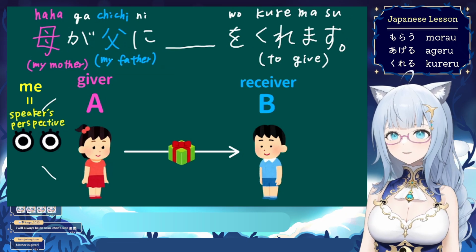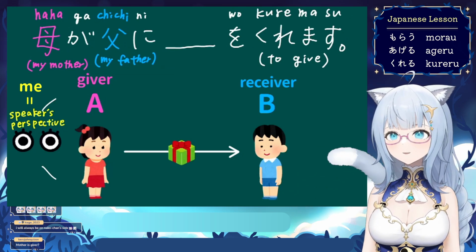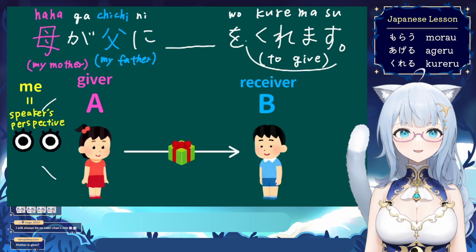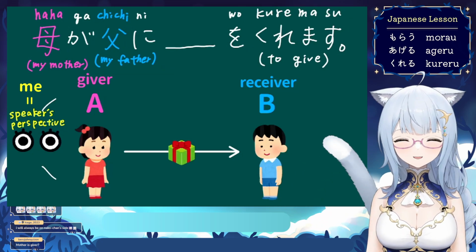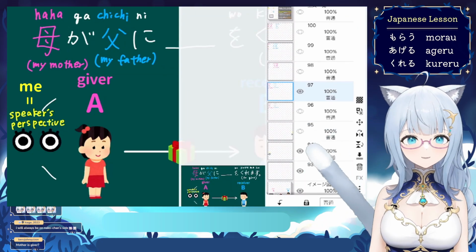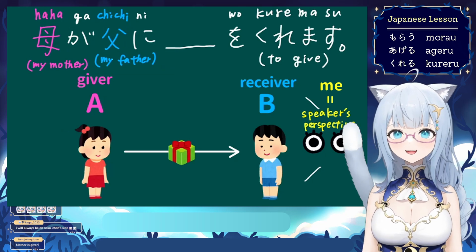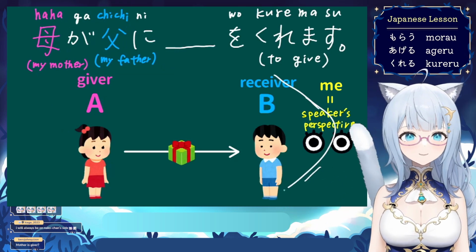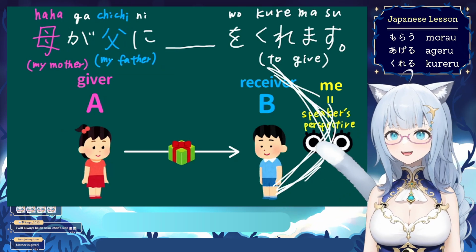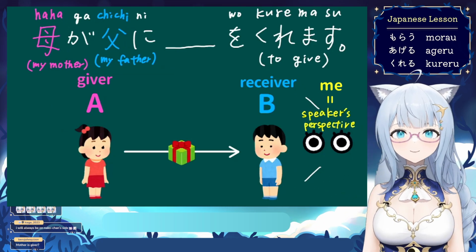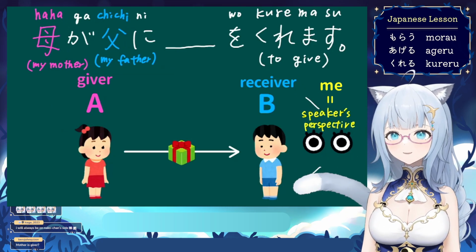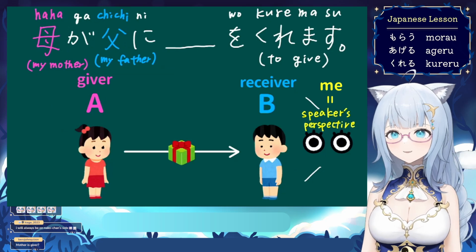So, my mother gives something to my father, but in a くれます sentence, the speaker's perspective should be receiver side. So from father's side, my mother gives something to my father.